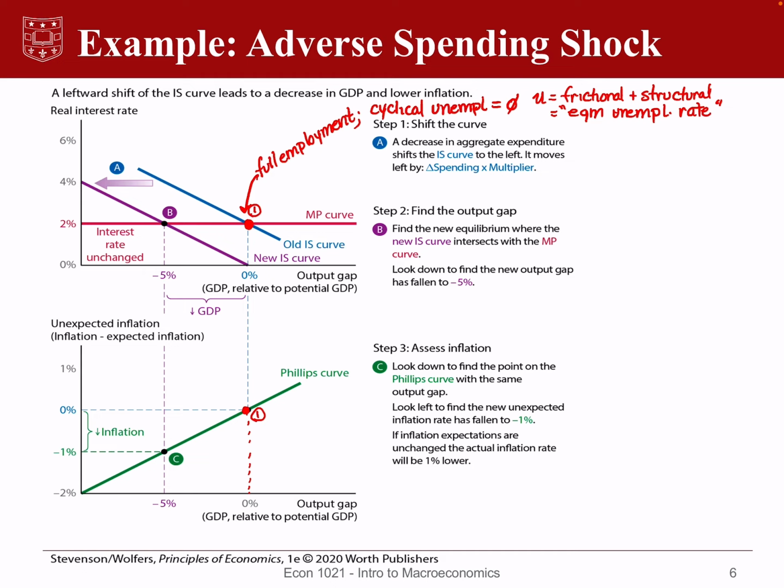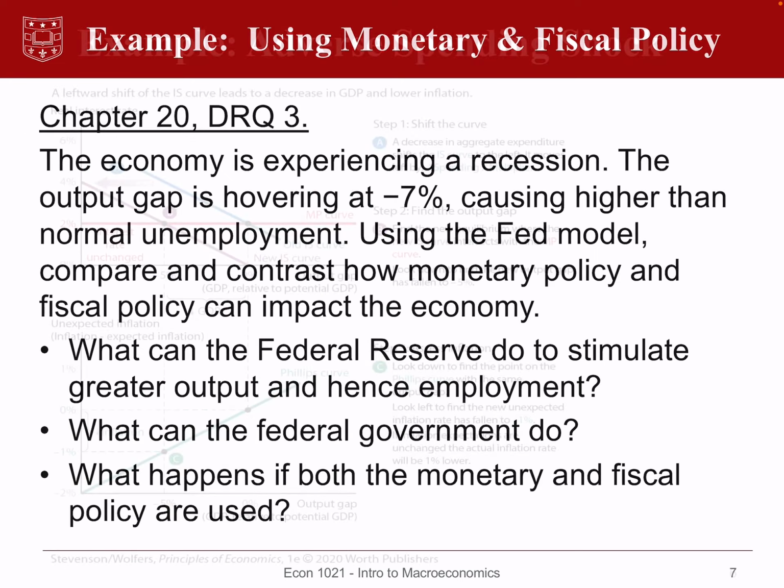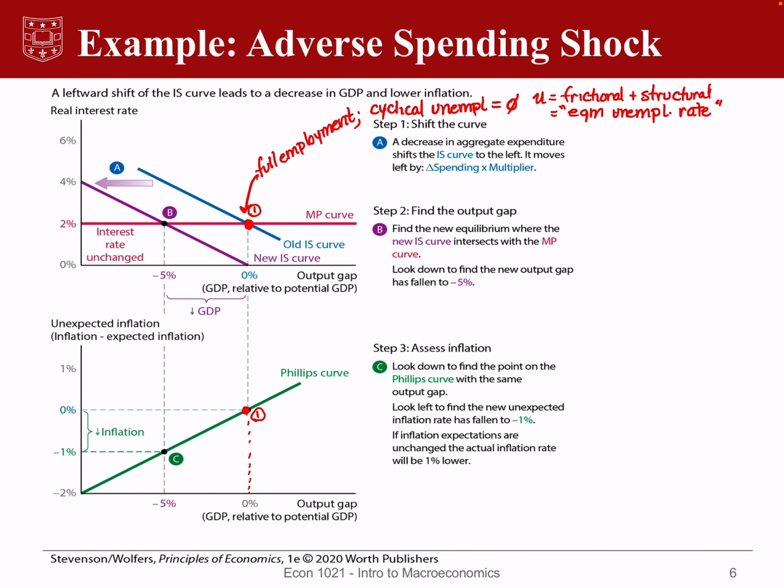When we have full employment, the output gap is 0. Again, the output gap is equal to actual gross domestic product minus the potential level of gross domestic product, divided by the potential level of gross domestic product, times 100%.